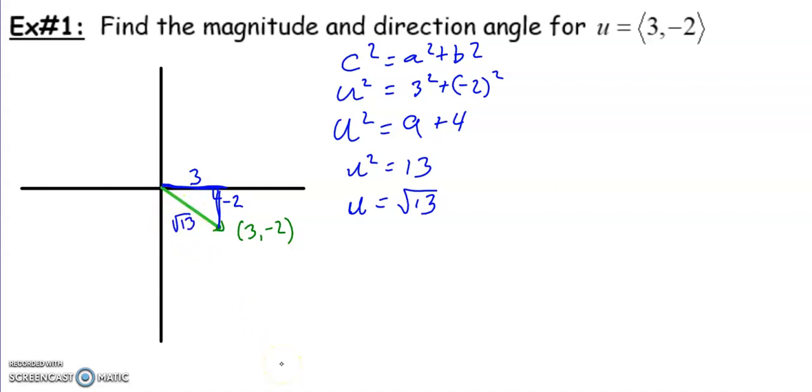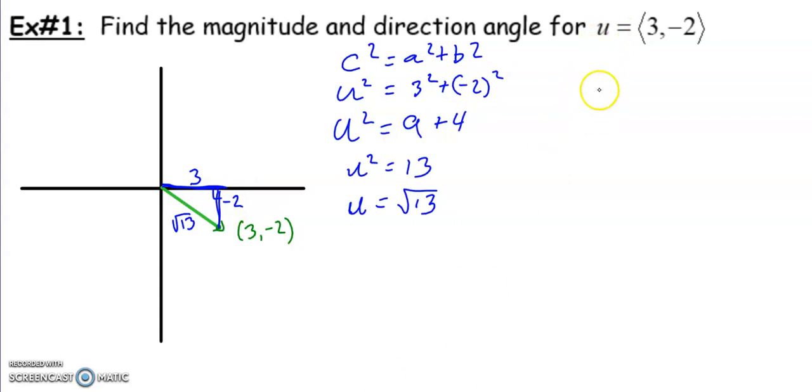There's its magnitude. So now they asked for direction. Direction is how many degrees, not the bearing. Bearing comes from true north. But direction is how many degrees from the horizontal, the positive x-axis, are we? Well, we've got x and y.